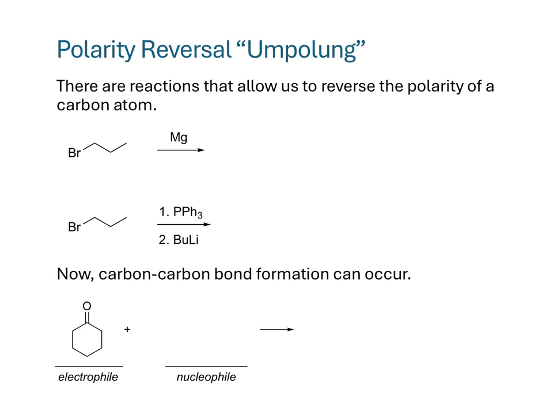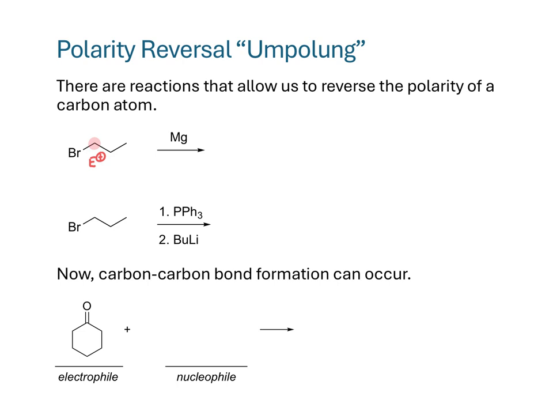So what we have here is a couple of ways that allow us to reverse the polarity of a carbon atom. And these are things we've seen before. This process of polarity reversal is often referred to as Umpolung, which I believe is like the German equivalent of polarity reversal. So the first way we can do this is by forming an organometallic reagent. So right now, this organobromide, the carbon here is electrophilic.